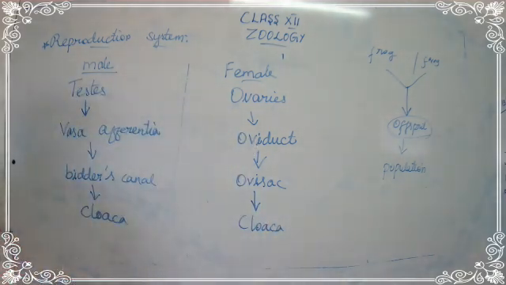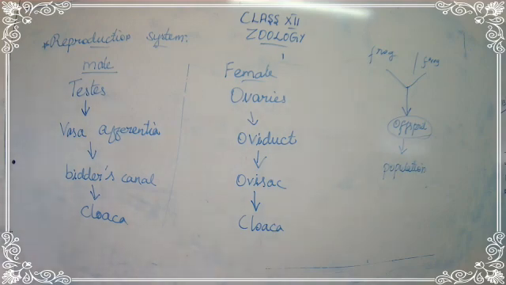So listen to me. The male reproductive organ is the testis and the female reproductive organ is the ovaries. Both organs are present on the dorsal side of the kidney wall, but the male's attachment is called mesorchium, and the female's attachment is called mesovarium.